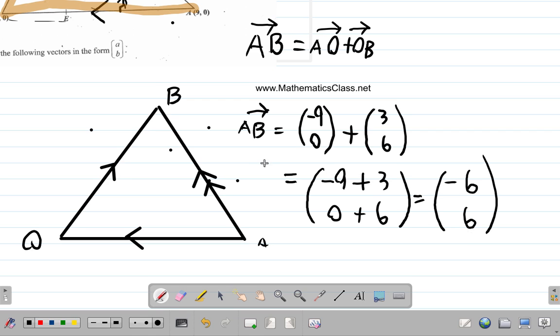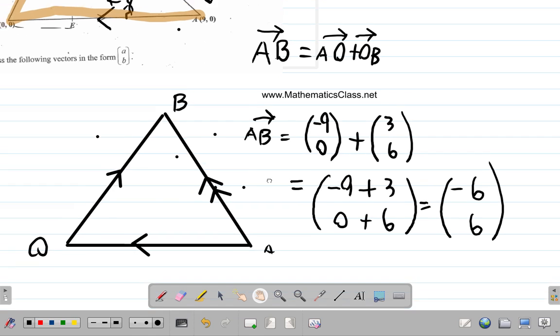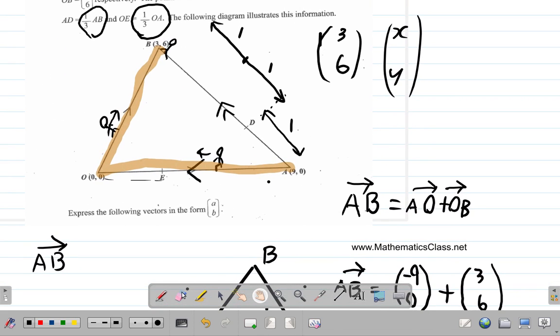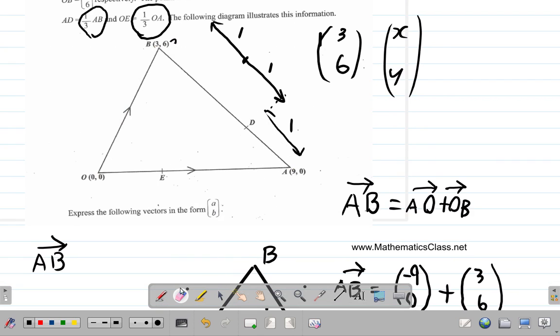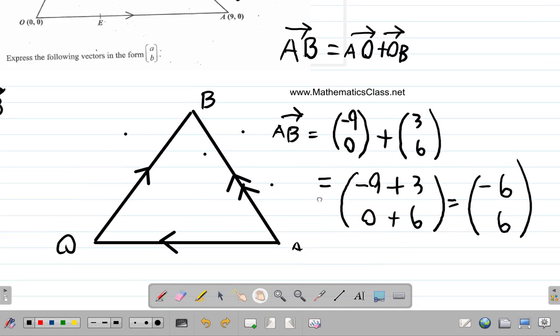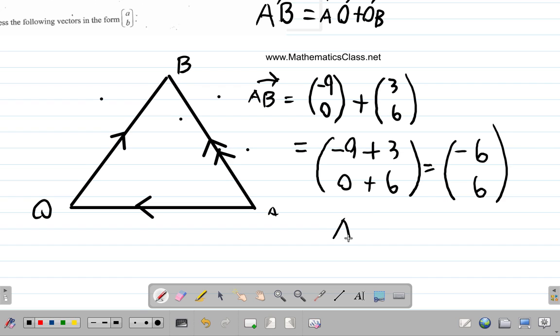So, what this is saying is that you could move from A to B by moving 6 units to the left, then 6 units up, and you end up right at B. So therefore, the answer is vector AB equals (-6, 6). You see that?